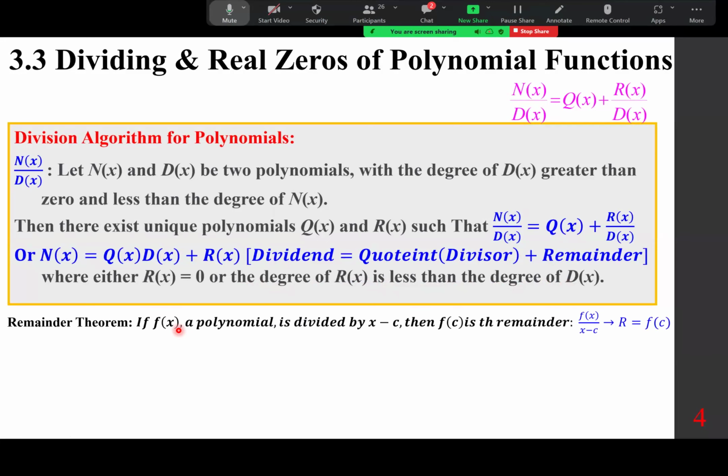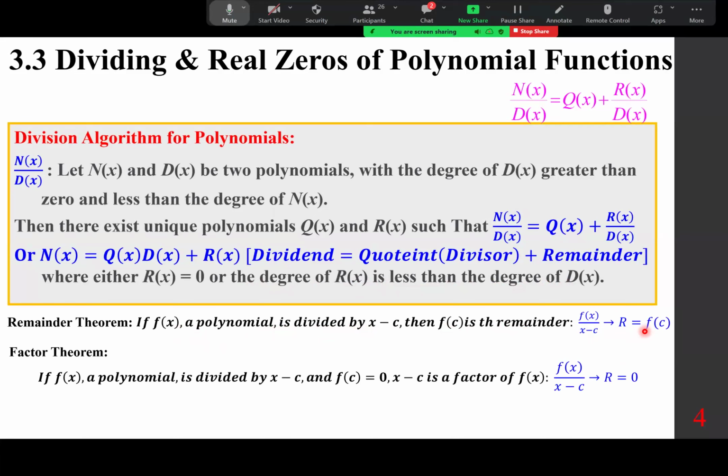Remainder theorem. If f of x, a polynomial, is divided by x minus c, then f of c is the remainder. So f of x divided by x minus c, remainder is equal to f of c. Factor theorem.